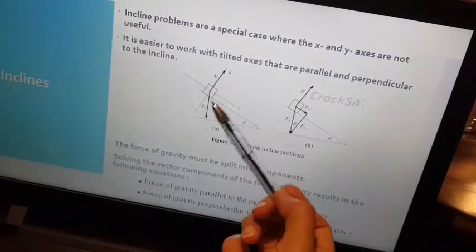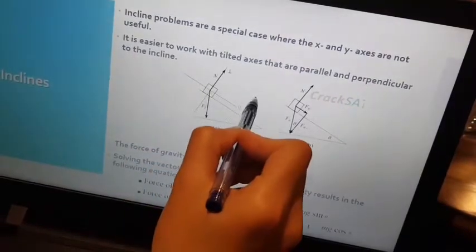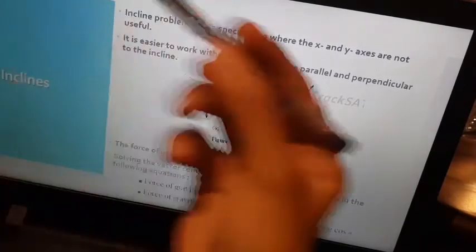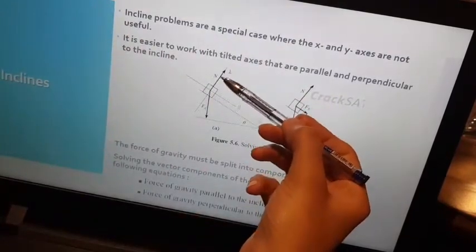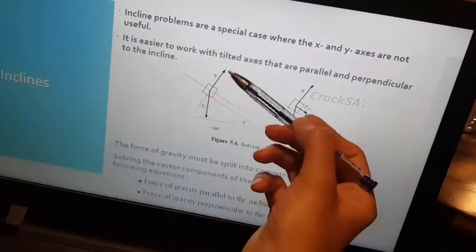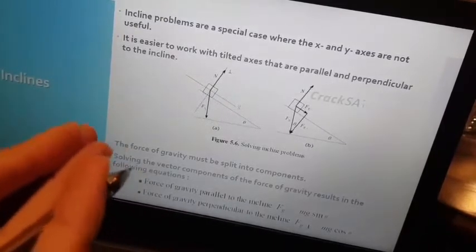But in this case, the y-axis is vertical and the x-axis is horizontal, so they are not helpful or useful. We have to find another way. What do we do? We tilt the x and y axes.